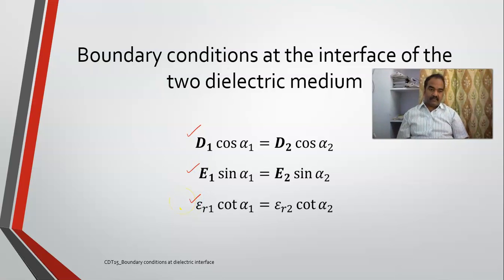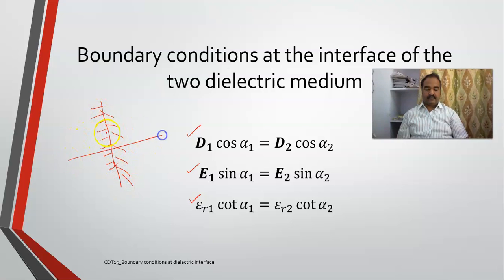So how will I employ these expressions? As I already told, let us suppose these are two media, and these are making angles of alpha 1 and alpha 2, and this is D1 and this is D2. If I know alpha 1, alpha 2 and D1, then automatically what is D2?